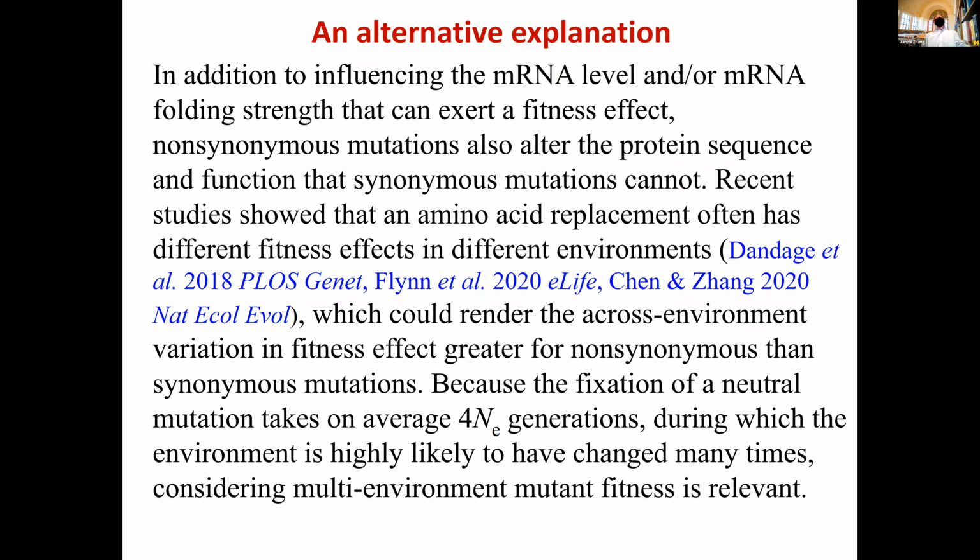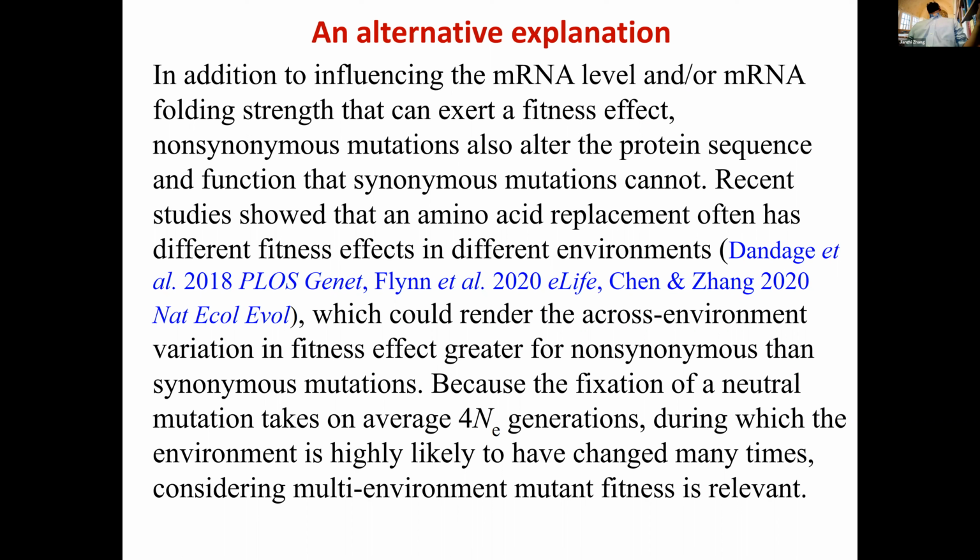An alternative explanation is that we measure the fitness under only one condition. There have been some reports that amino acid changes often have different fitness effects in different conditions.